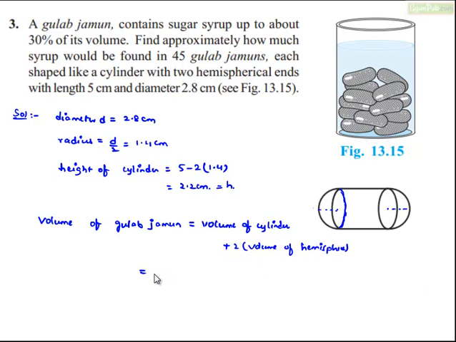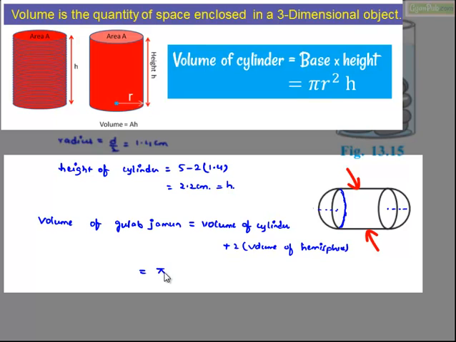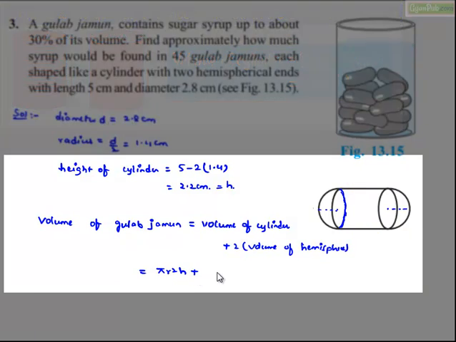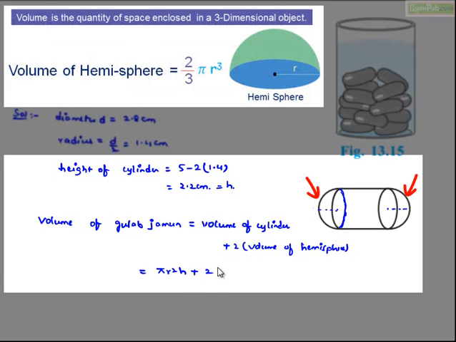That is equal to the volume of the cylinder, pi r square h, plus the volume of the hemispheres, 2 times 2 by 3 pi r cube.